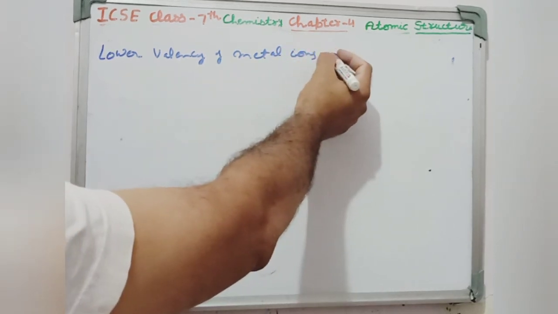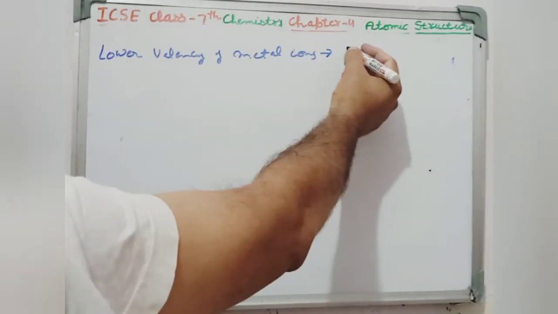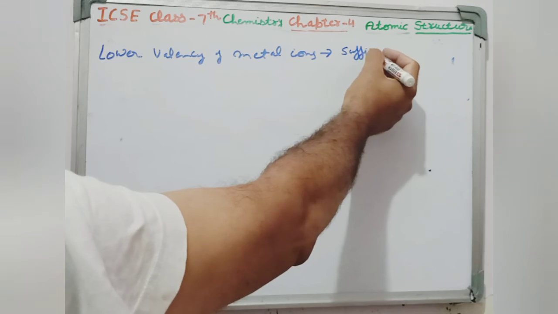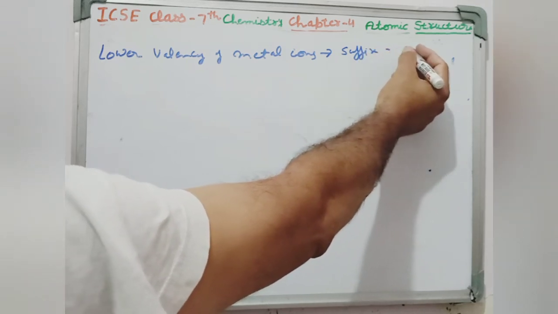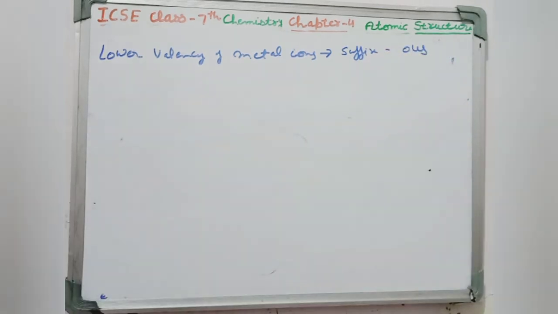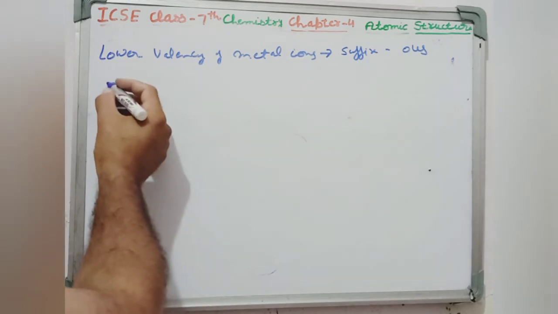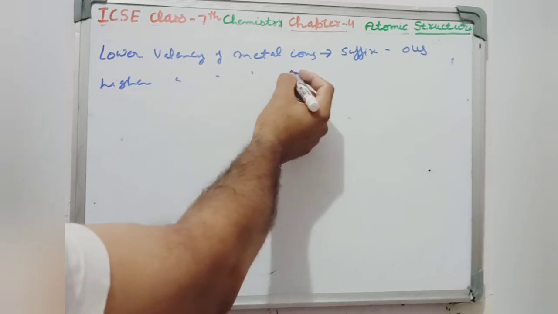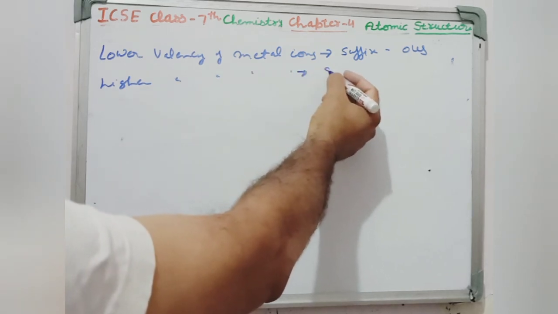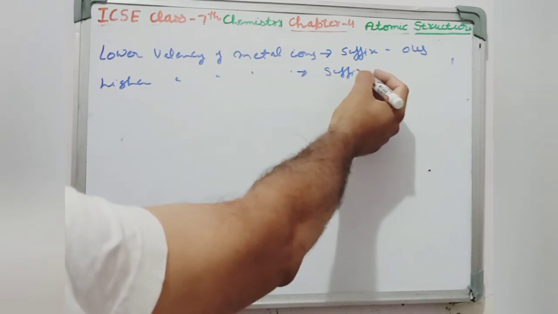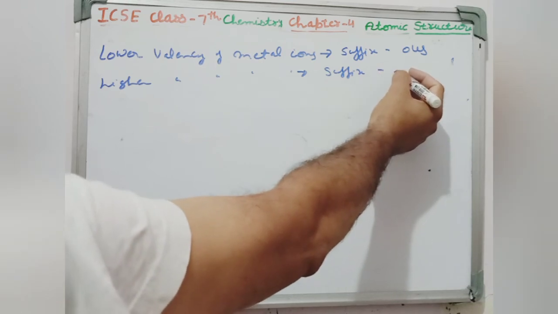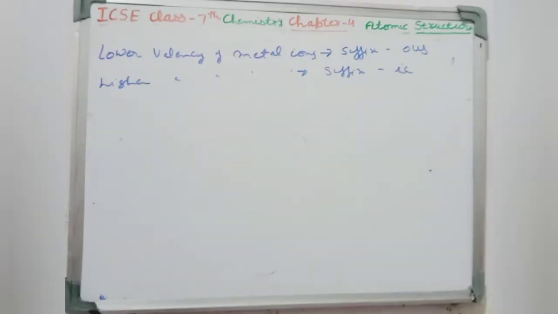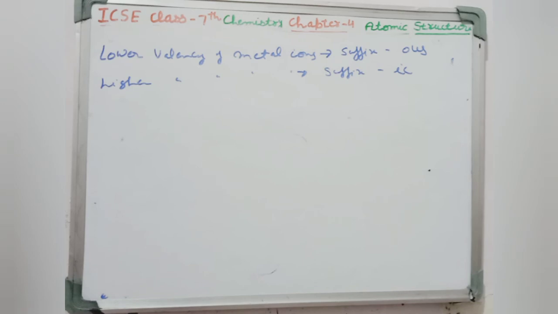If we deal with a lower valency of metal ions, we add a suffix, that is "-ous". For a higher valency of metal ions, the suffix "-ic" is used. Okay, right?